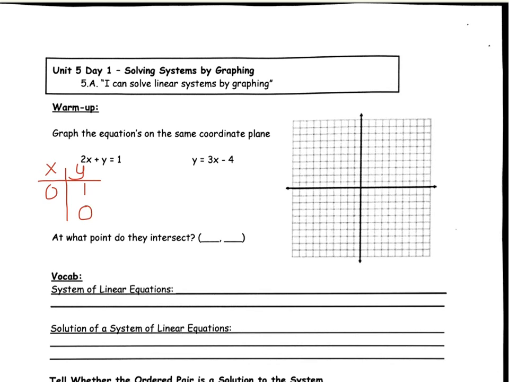When you plug in 0 for y, you essentially cover up the y and put 2x, put in 0 for y, and then 2x equals 1, divide by 2, and x will equal 1/2.